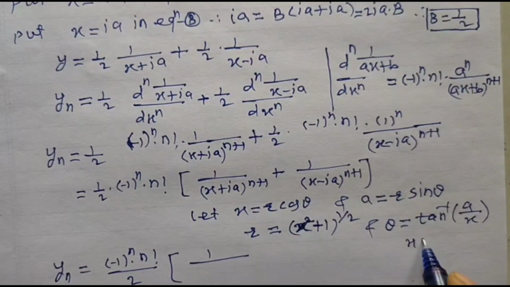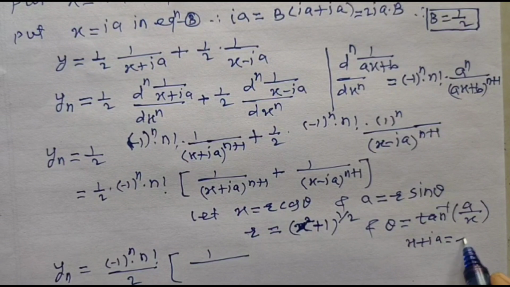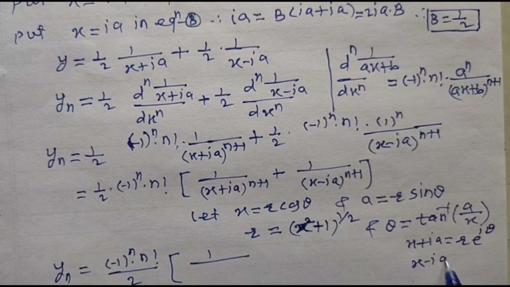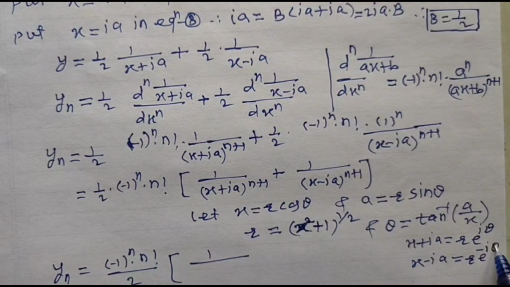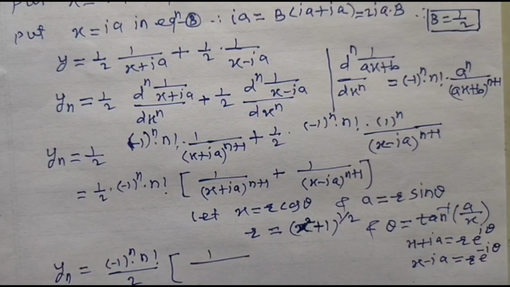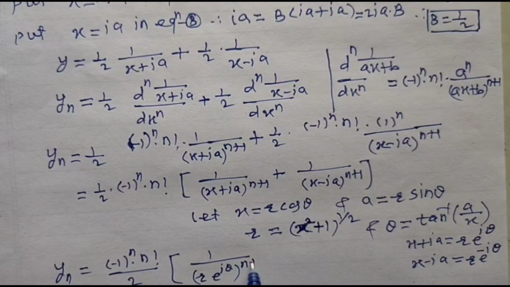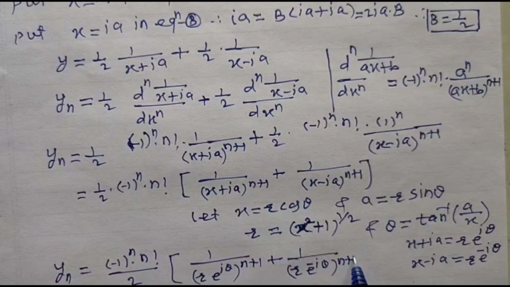This means x plus ia is equal to exponential form r e to the power i theta, and x minus ia is equal to r into e to the power minus i theta. Put here x plus ia, that is r into e to the power i theta to the power n plus 1, plus 1 upon x minus ia, that is r into e to the power minus i theta to the power n plus 1.